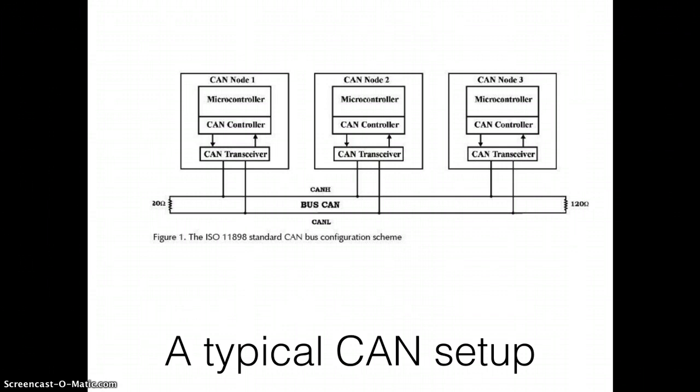We have CAN node 2 and 3 next to CAN node 1. These are able to communicate with each other, assuming we have the same settings for baud rate and other things that can be configured. The physical bus itself is a twisted pair cable, typically with a 120 ohm resistor at each end. I know it looks like it only has 20 ohms at the left, but it has 120 in each end to terminate the bus and allow data transmission.